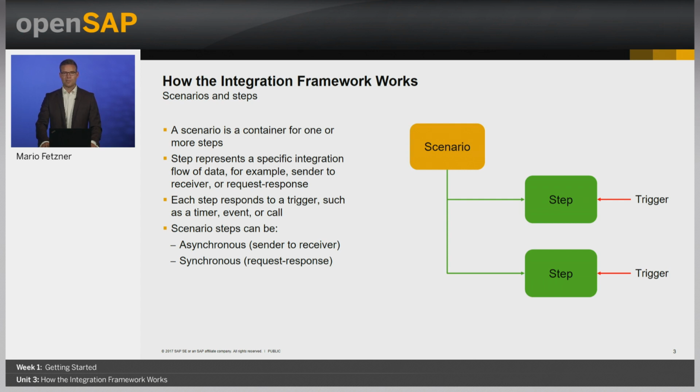A synchronous step makes a request to another system or receives a request from another system. There is no receiver system involved. Note, the step can perform other processing in addition to the transmission of data. You will see examples of this in weeks 2 to 4.